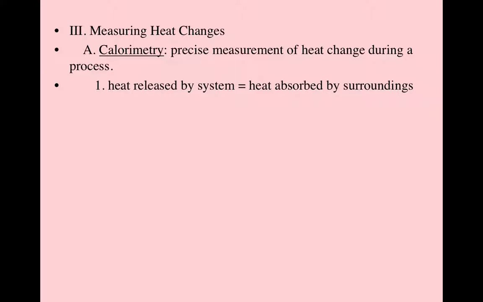Now, we know in real life, if we have a reaction, we probably won't be able to perfectly insulate it and trap all the heat. Some of that heat's going to get lost, and we won't be able to measure it. But we're going to assume, if we have good equipment, that we can capture all that heat that comes from a reaction, and we can measure how it's being absorbed by surroundings. And then we can set those 2 values equal to each other.